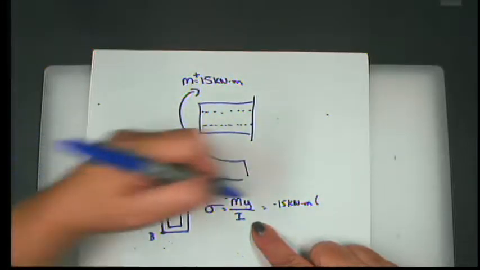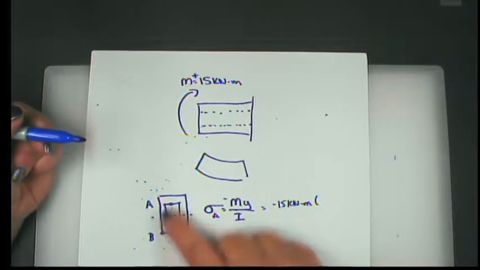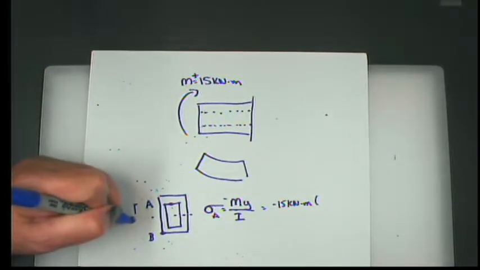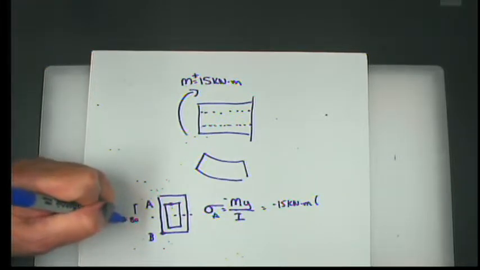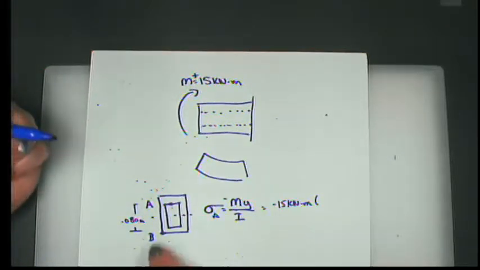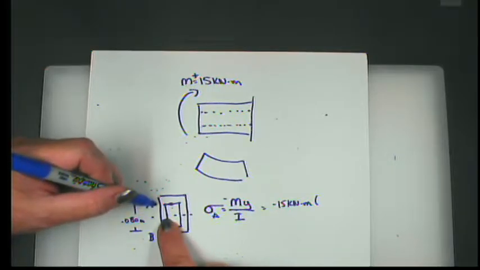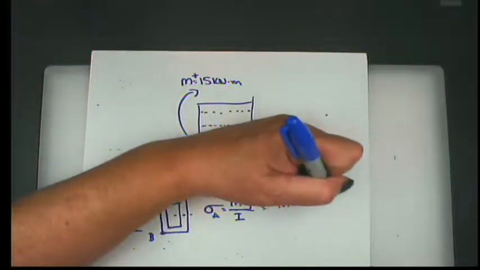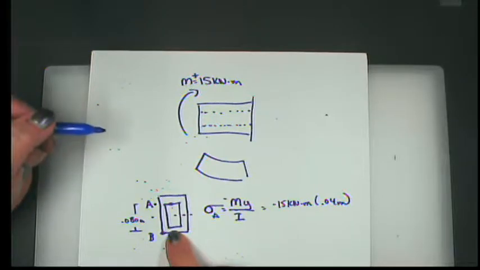We know at point A what our y is. It's the distance from the neutral axis up to point A. We're told that this entire span is 80 millimeters. So I'd say 0.080 meters, just because it's easier if you keep everything in base units. So the distance from here to here is 40 or 0.04. Okay, because the neutral axis is halfway in between because of symmetry.